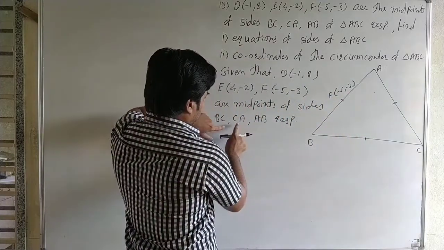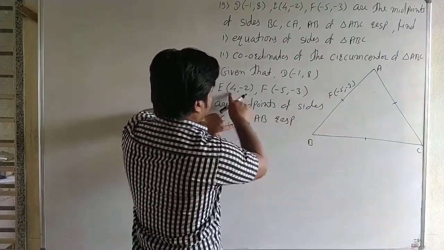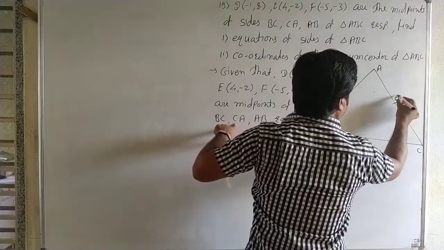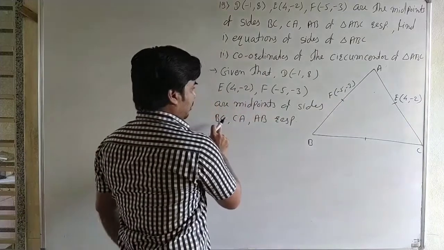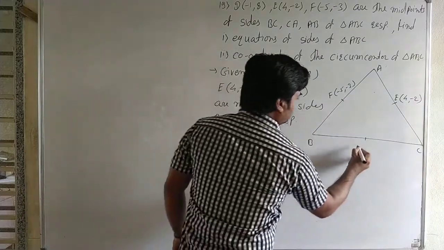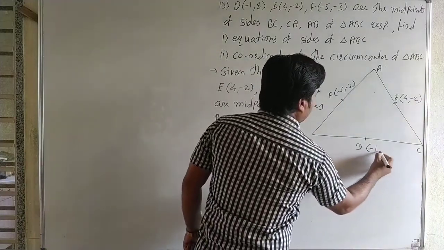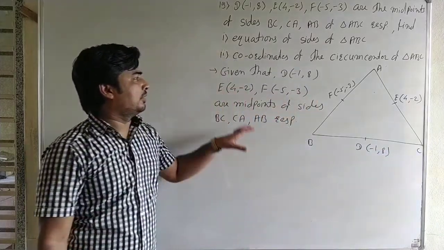Midpoint of side CA is E(4, -2) and midpoint of side BC is point D(1, -8). It is given.